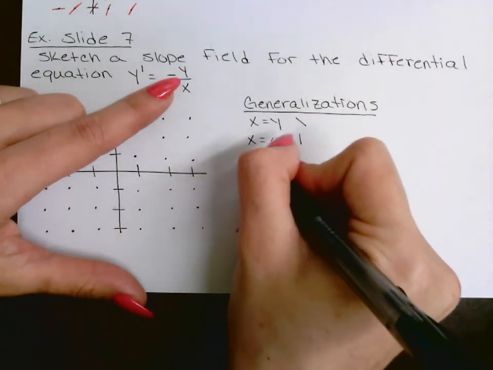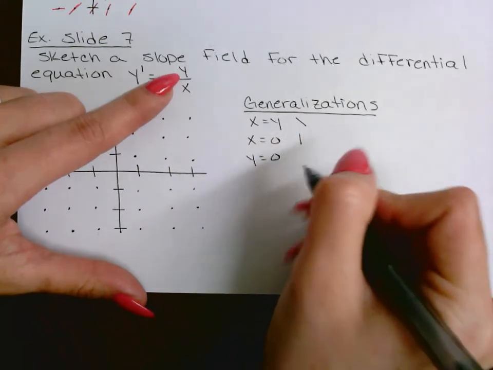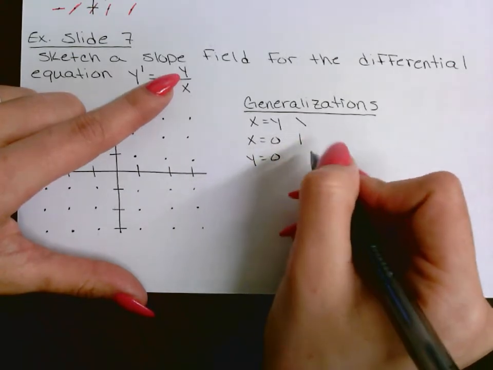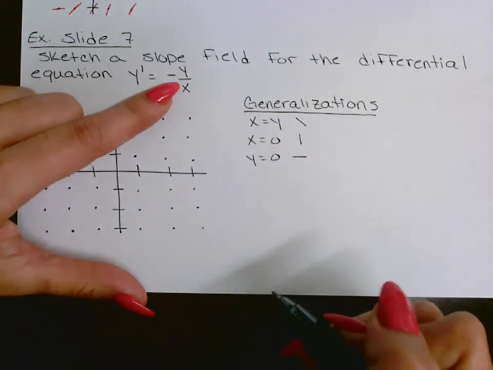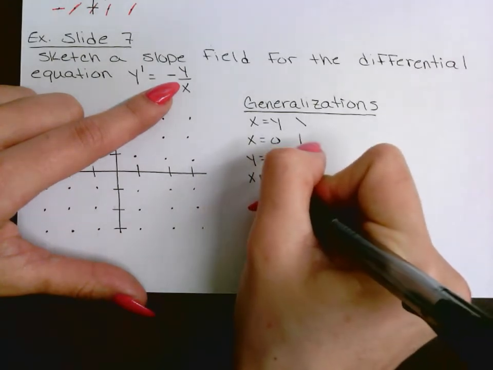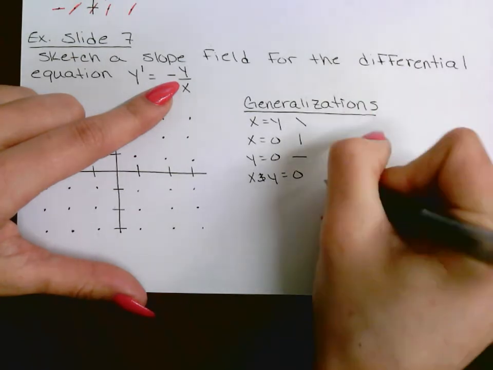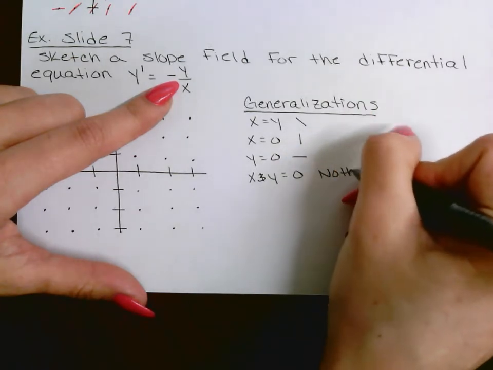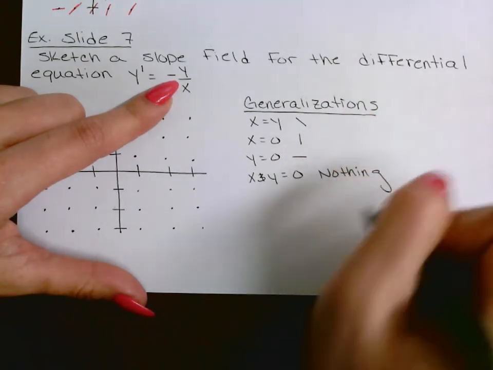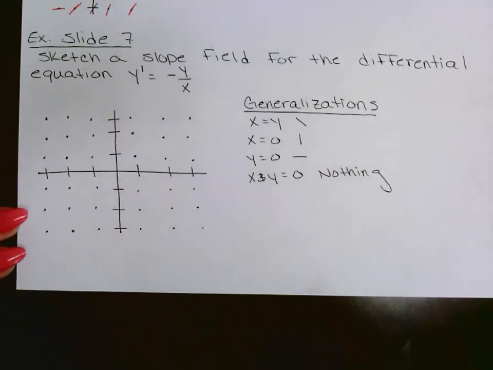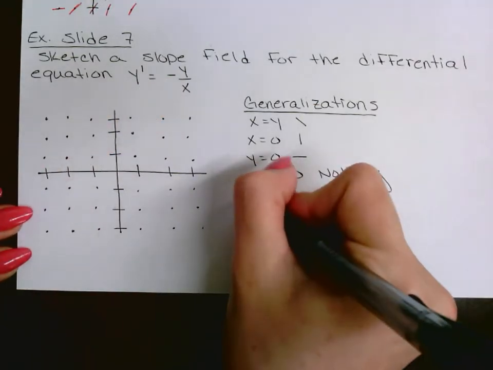Anytime my numerator is 0, now my slope is 0, so I'm going to have a horizontal tally. If both numerator and denominator are 0, then there should be nothing because 0 over 0 is an indeterminate. Okay? And then lastly, I analyze the quadrants.